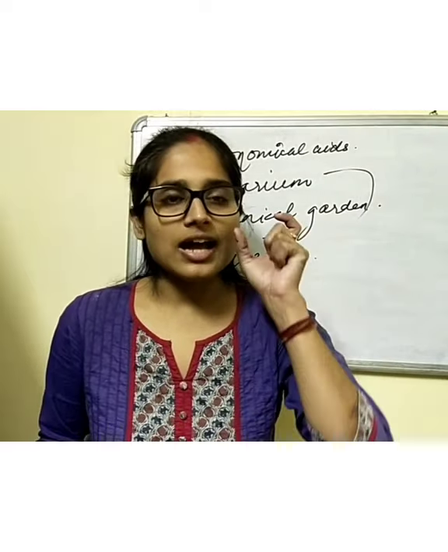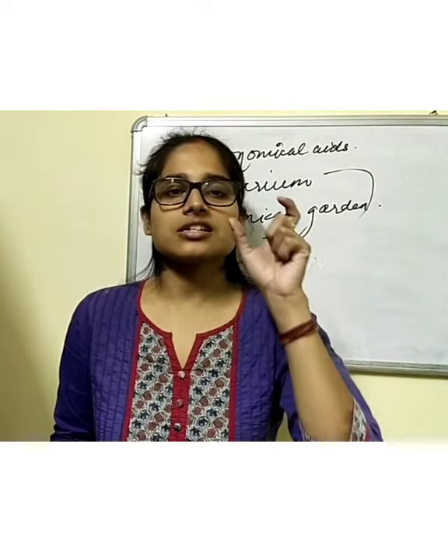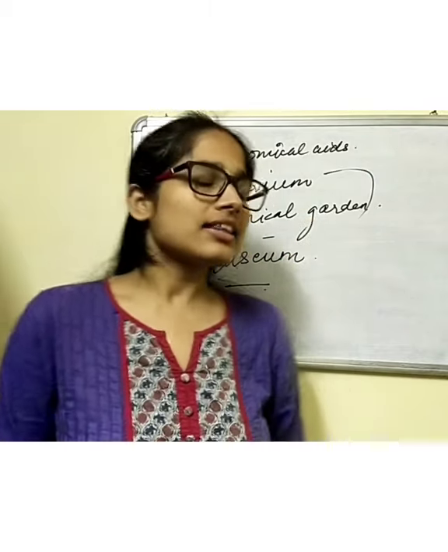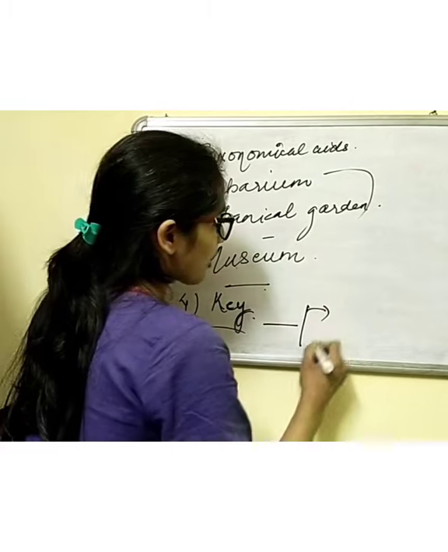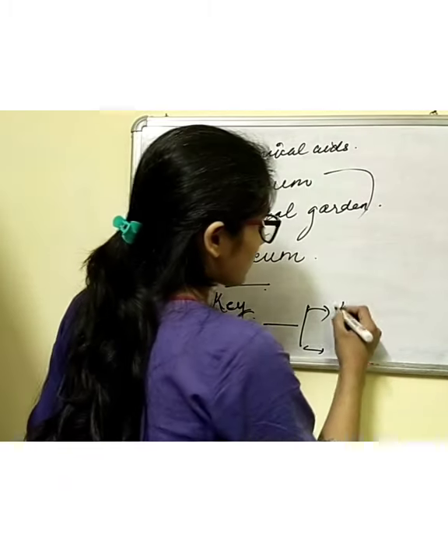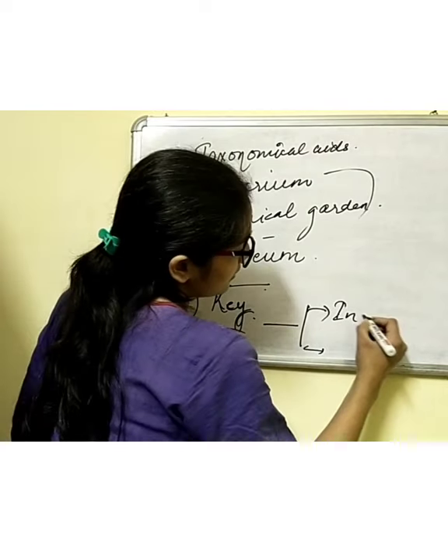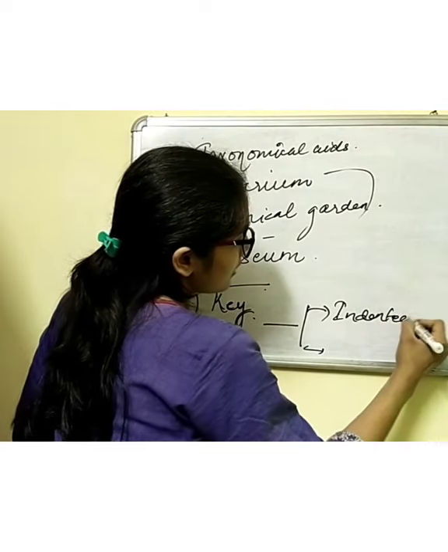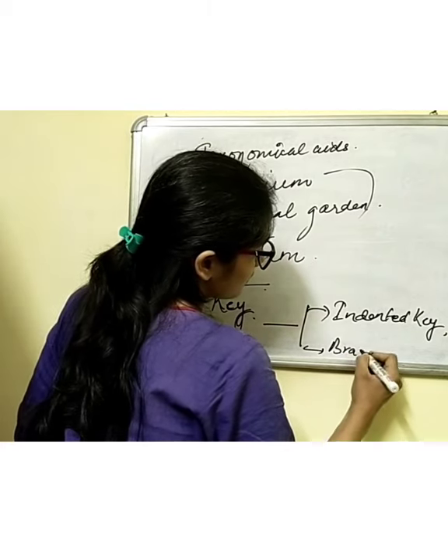So those identifying or defining characteristics are called key. And the keys which are used for identifying are of 2 types. One is the indented key and the other is the bracketed key.